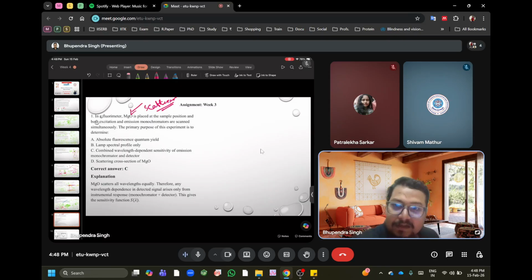So even if you're getting any lifetime in the TCSPC instrument, that is the instrument response function, IRF. This is the problem of the instrument. That is why before taking any lifetime measurement, we first take the IRF using the scatterer, and then take the lifetime.